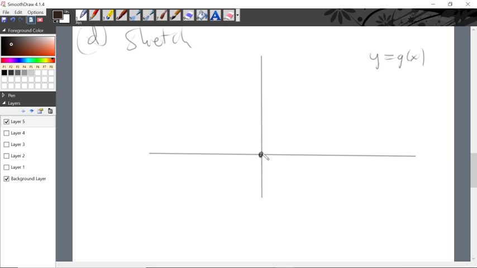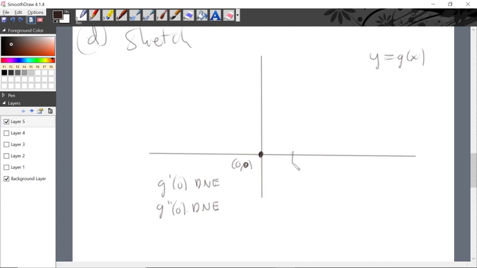Again, we have a point 0, 0. Remember that g prime of 0 does not exist, and g double prime of 0 does not exist as well. But nonetheless we have the point 0, 0. Let's label that 0, 0.